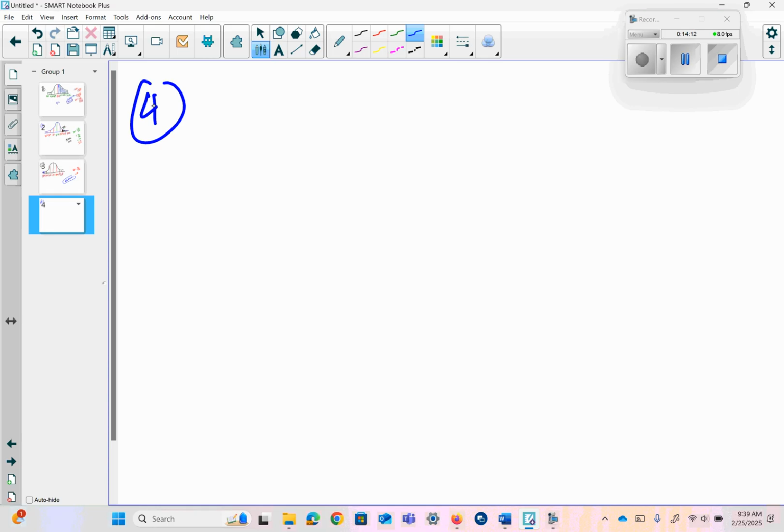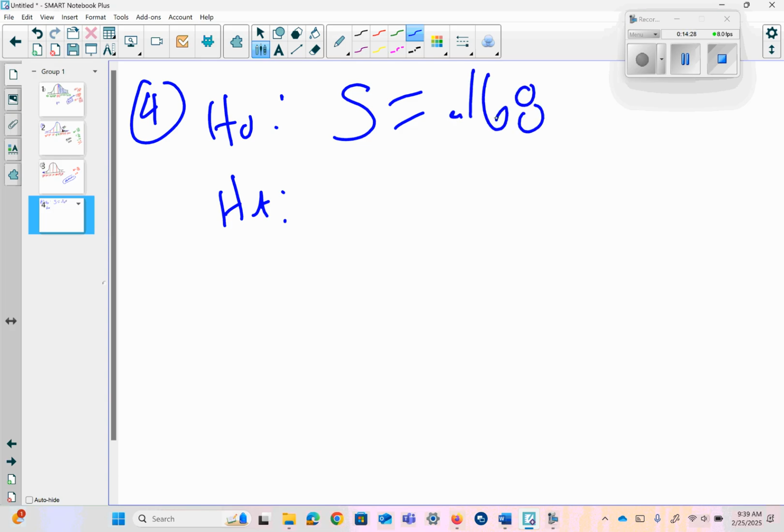All right. It says establish the null and the alternative. So the null: smoking equals 0.168, or 16.8%.